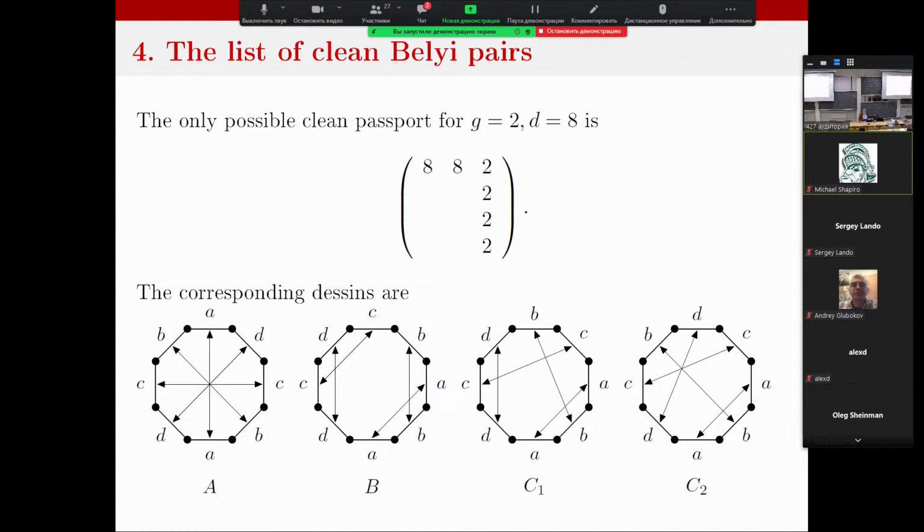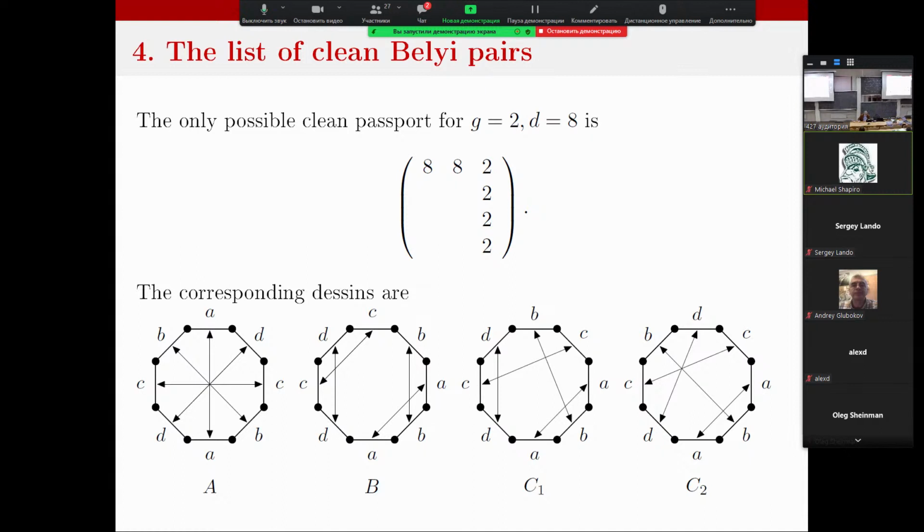And this resulting graph is different for each gluing. And it is complete. There are exactly 21 gluings of octagons, and exactly 4 of them have the maximal possible genus 2.